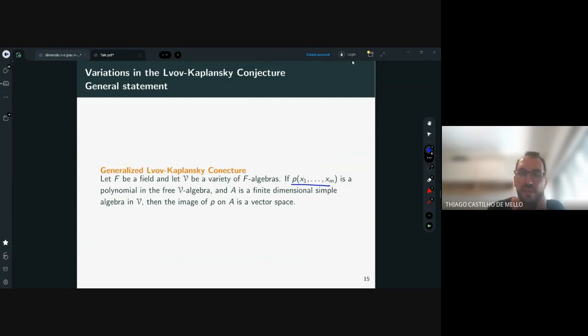The image of a multilinear polynomial in a finite dimensional simple algebra is a vector space. Okay. Actually, there are still results for the case of infinite dimensional simple algebras. For instance, the Weyl algebra, the image of a polynomial which is multilinear on the Weyl algebra is a vector space. Actually, it's the whole Weyl algebra, if the polynomial is not 0.